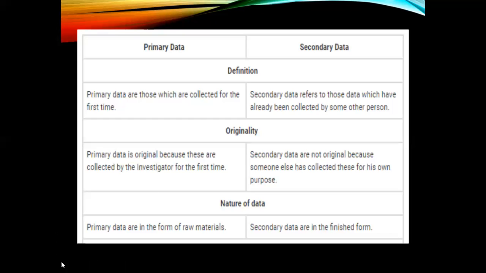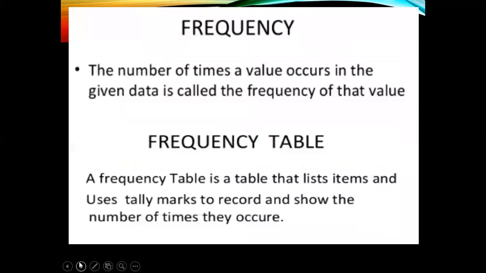Now let us understand a few more terms that are very important for solving this particular chapter of statistics in grade 9. The term frequency. Now we have come across this term in our previous grades too. Let us quickly recall that frequency is the number of times a particular value occurs in a given data.